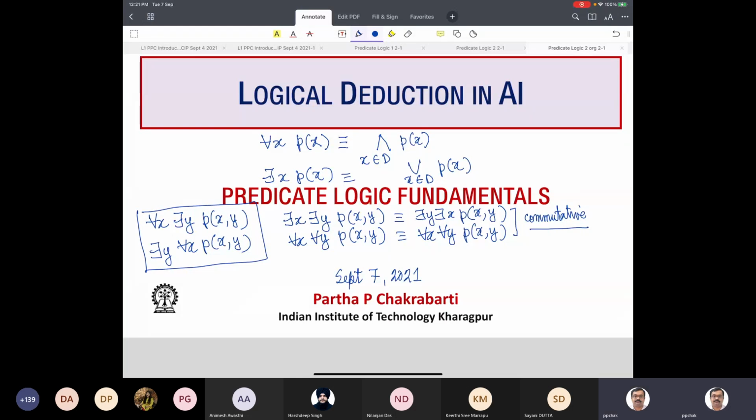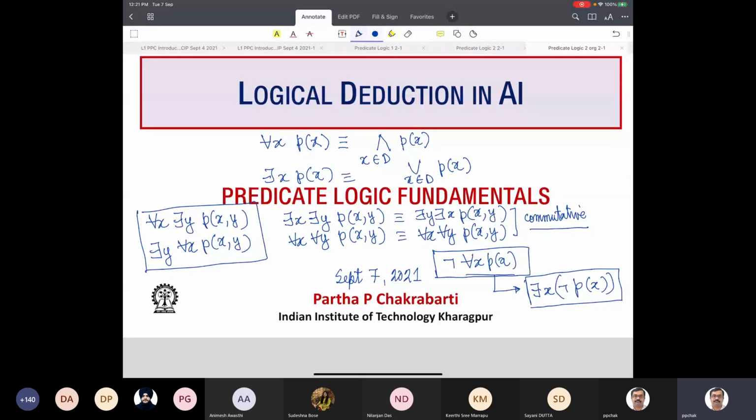The other thing that happens is if I have for all x px and I negate it, what will it become? Not for all x px is the same as there exists x not px. Which law is this? De Morgan's law.